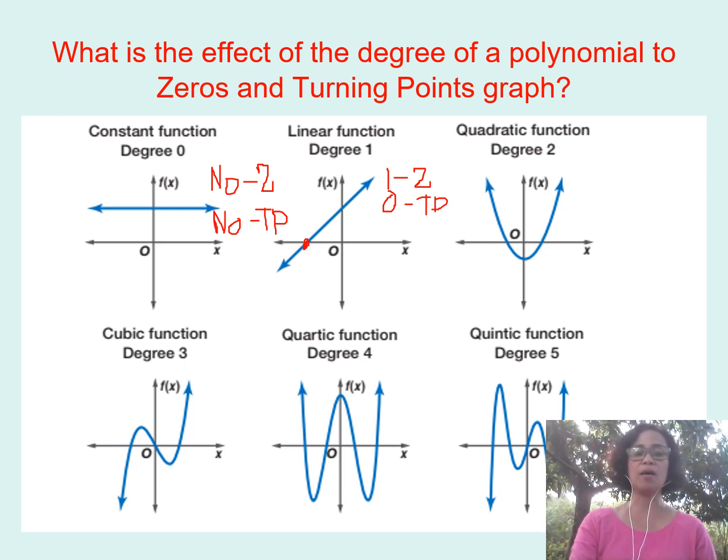Okay, the second degree. Now let's check first, did it intersect the x-axis? Yes, it actually intersects the axis in 2 points. So we have 2 zeros for the second degree. Now what about turning point?